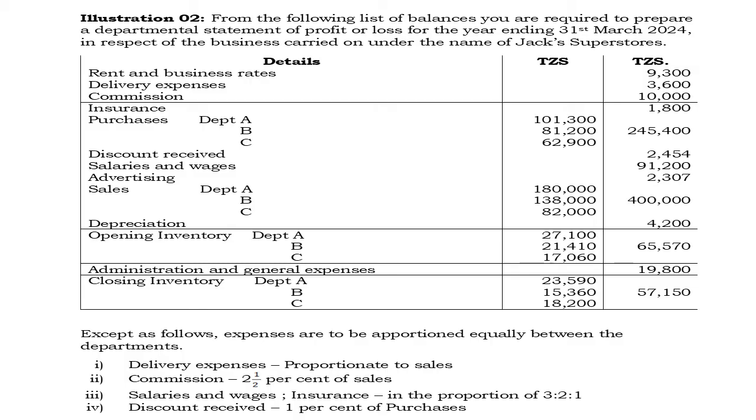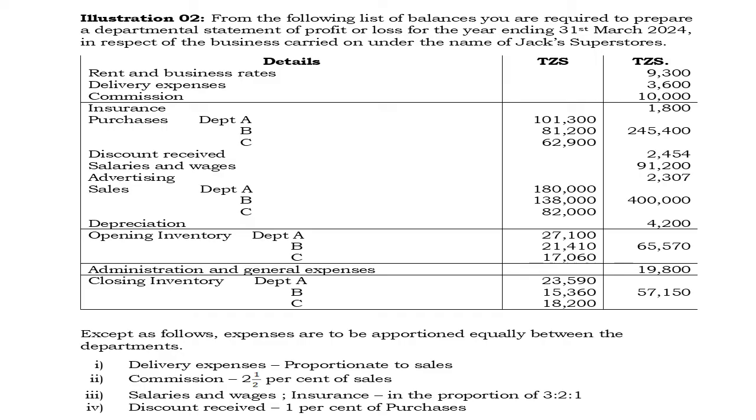Again, commission will be 2.5% of sales. So the commission, which you can see in row number 3, is 10,000, and will be a percentage of sales.